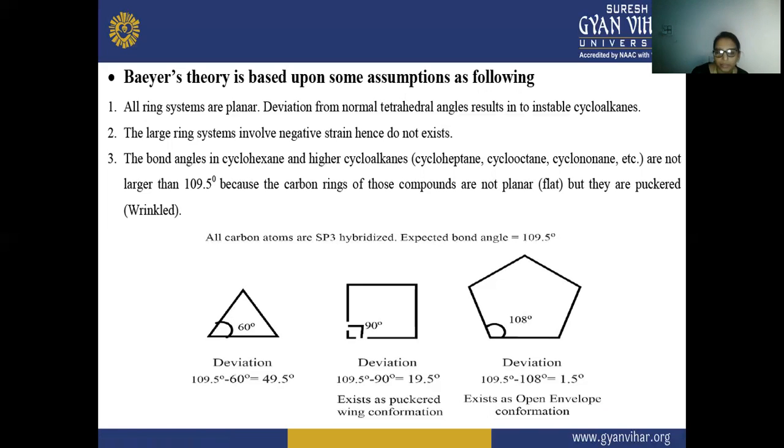All the carbon atoms have sp3 hybridization, and the expected angle is 109.5 degrees. Here you can calculate the deviation.